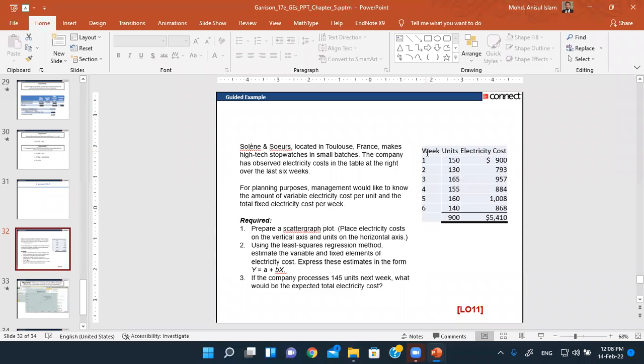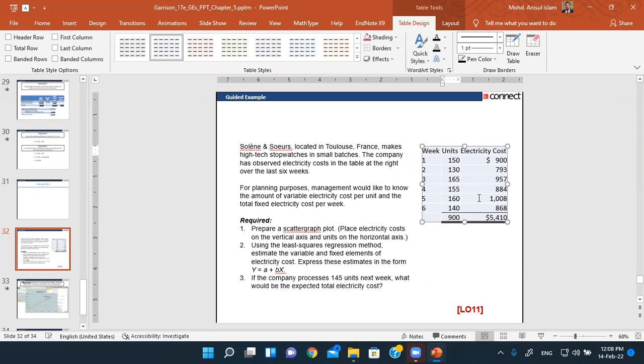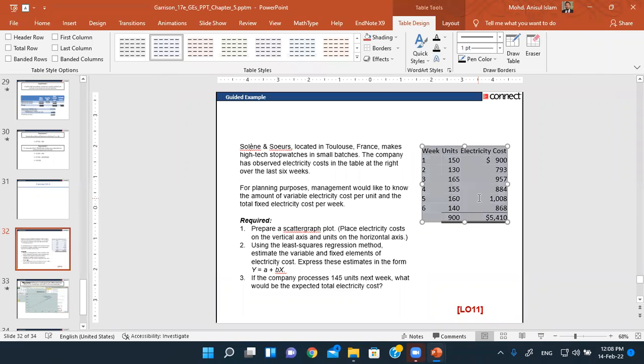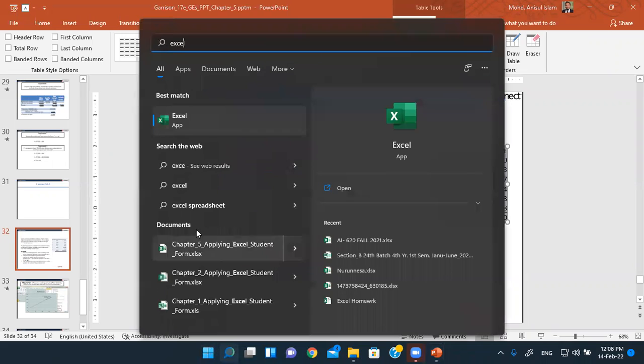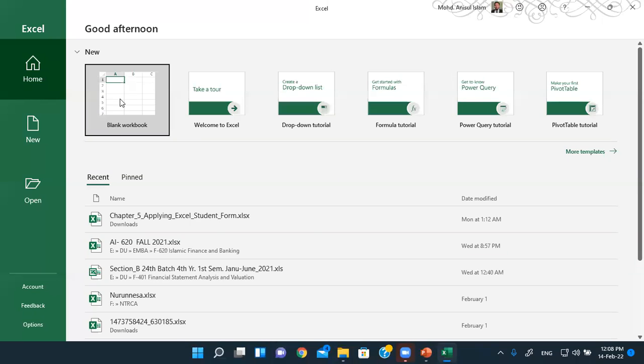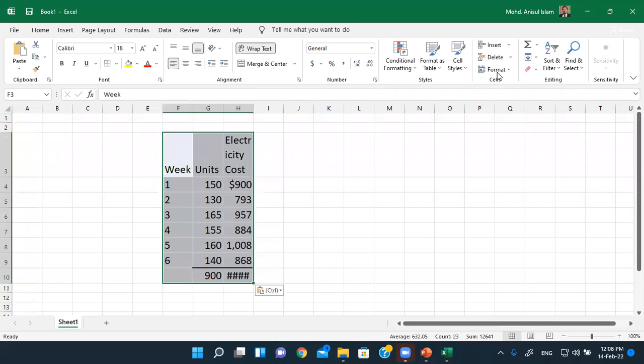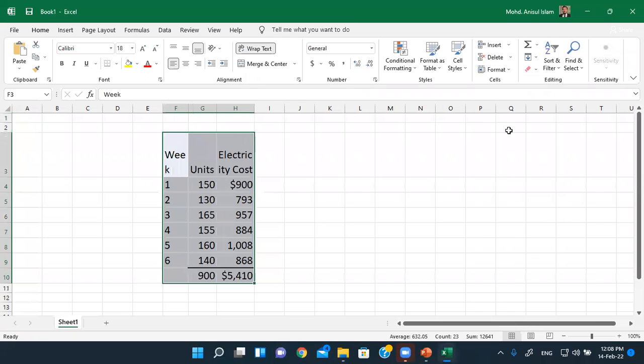Take this data from here. So I'm showing you how we can solve the problem in Excel. The data are here.